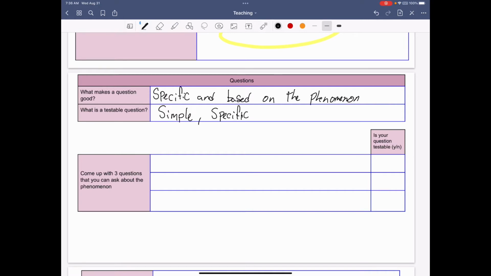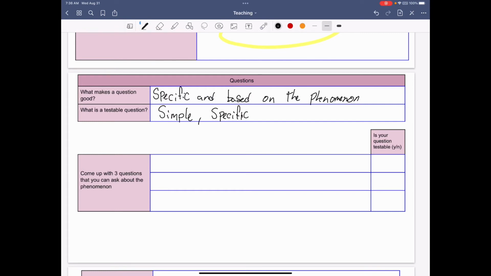Okay? For example, a bad question or a question that is not testable is one in which your answer is going to be so big and so broad that though it might be on the right path of what we're talking about, it might not help you at this juncture.